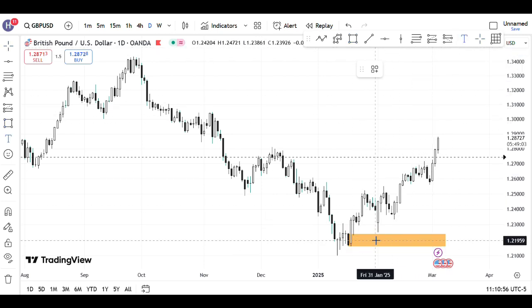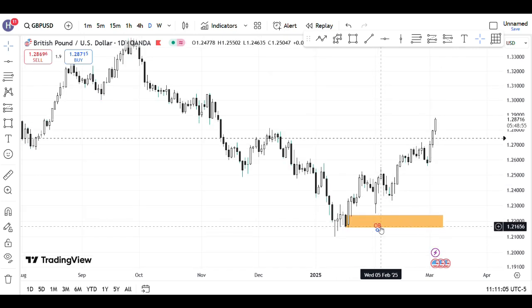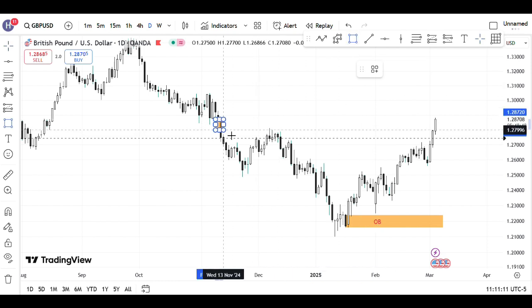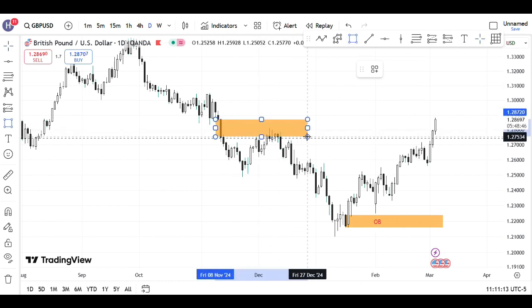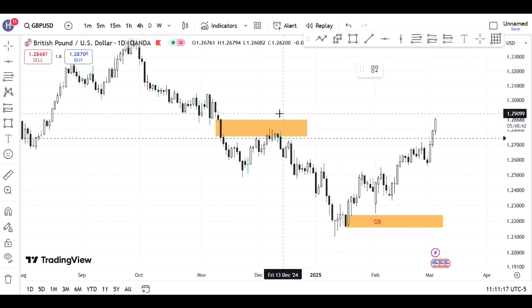These are the entry points. We need to know whether this order block is valid or not valid. And if you go here, you can see a gap. This is called a fair value gap, FVG.